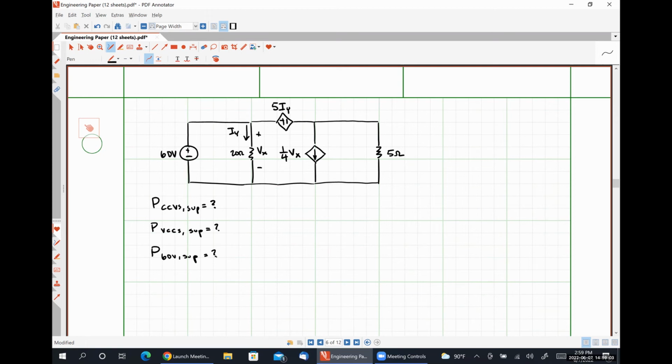So in order to determine these things, we are going to need to solve for the quantities of Vx and Iy. Can anybody help me out with either of those things? Anybody have any thoughts?